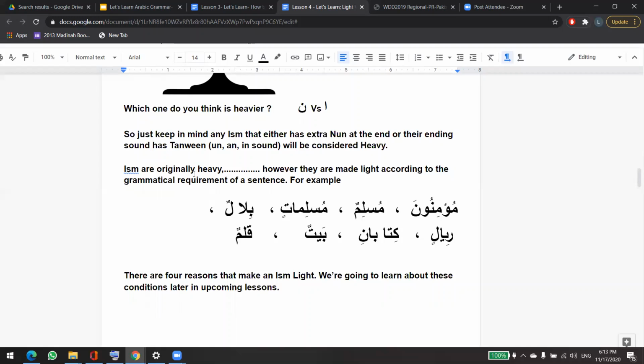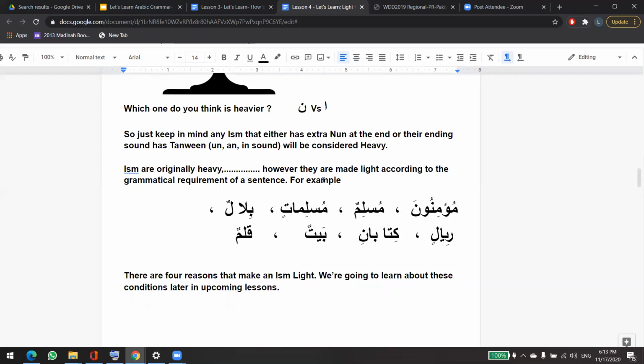If you are looking for a word for one Muslim, when you look into the dictionary, you will find Muslimun, in an English to Arabic dictionary. For plural Muslims, you will find Muslimuna. So originally all isms are heavy.